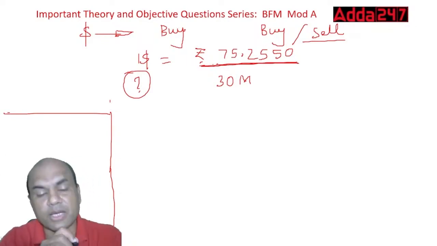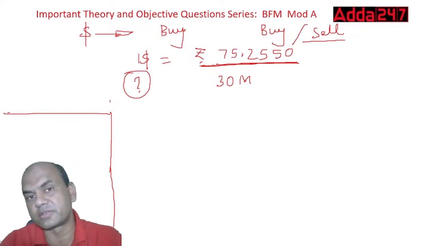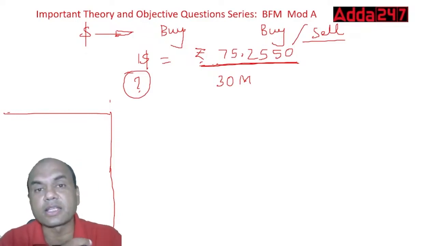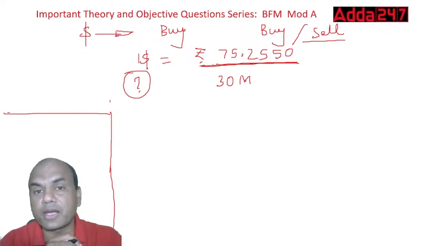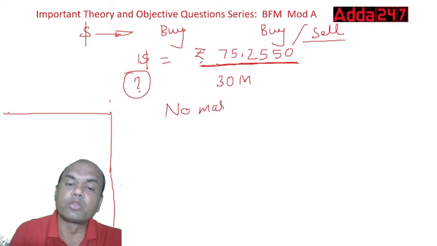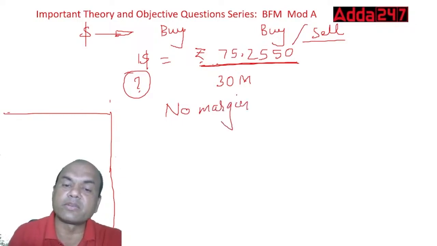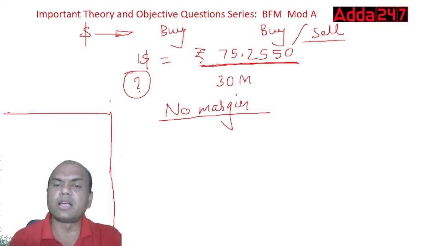Whenever you deal with margins, you have to either add or subtract the margin. If you do the sale transaction, you add the margin. If you do the buy transaction, you subtract the margin. But now, no margin is given. No margin means whatever rate is given, take that only.